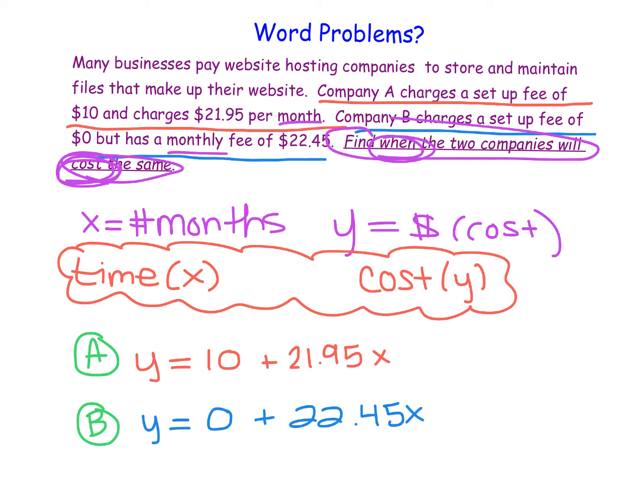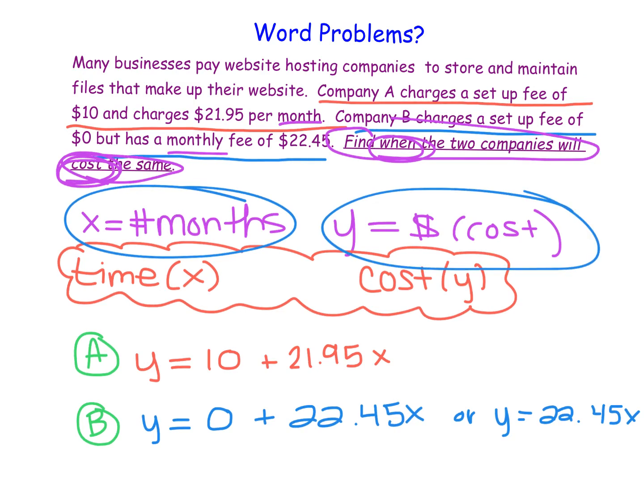Now, if this bothers you that we have 0, you could also just write y equals 22.45x because the 0 really doesn't need to be there. So now if you used graphing, substitution, or elimination, and you solved for x and y, you would be able to find at how many months these two costs are the same and what the cost will be at that many months for each company.